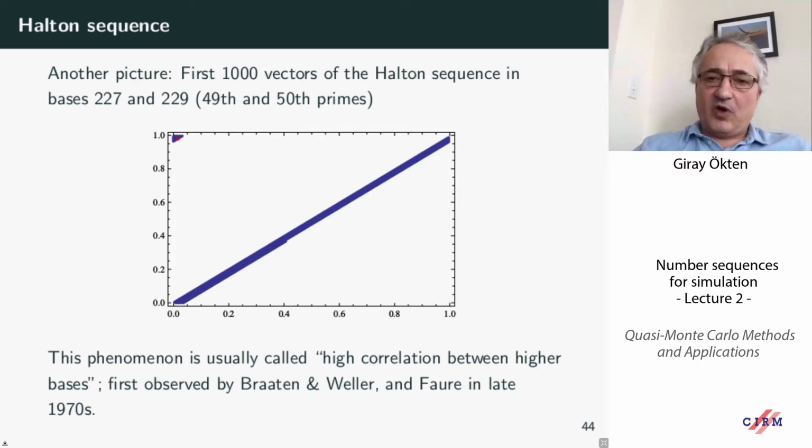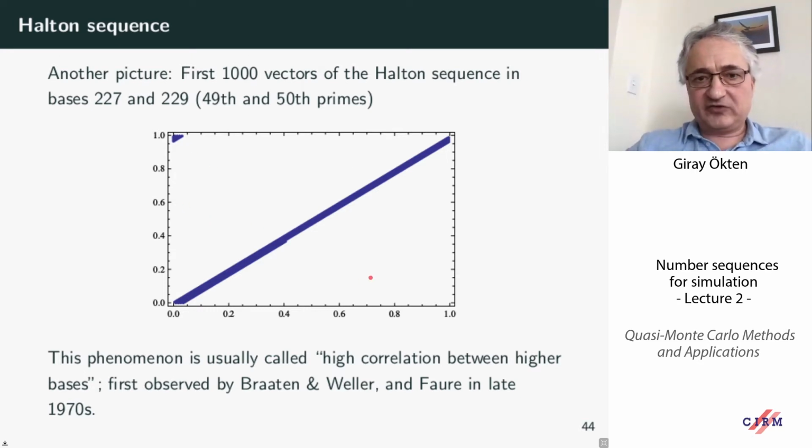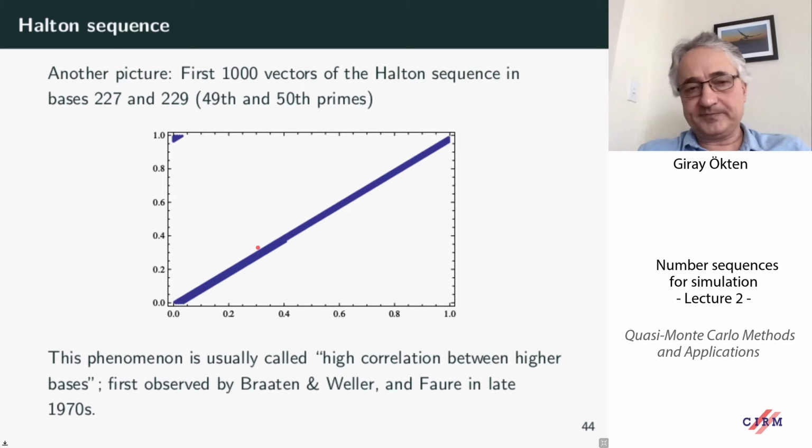Now, if we were using this sequence in simulation, say numerical integration, we would be getting bad approximations if we used these first 1,000 vectors. The entire space is really just empty. The first 1,000 vectors of the sequence have only sampled, like, the diagonal.